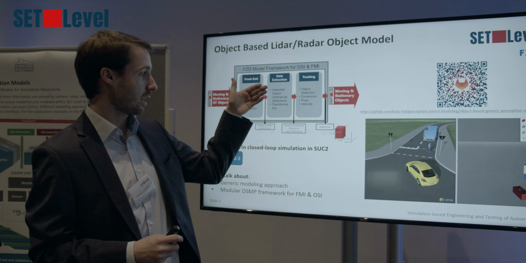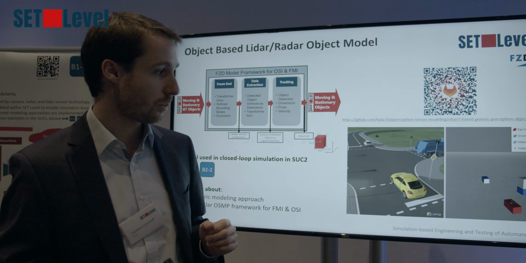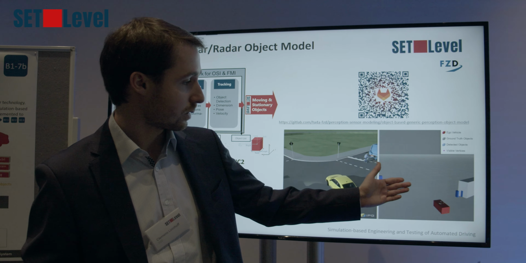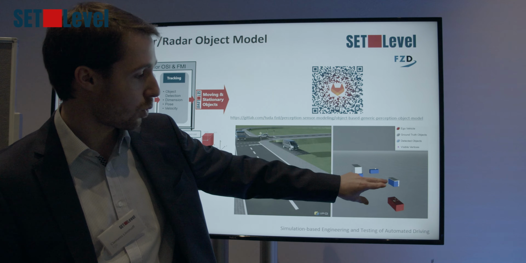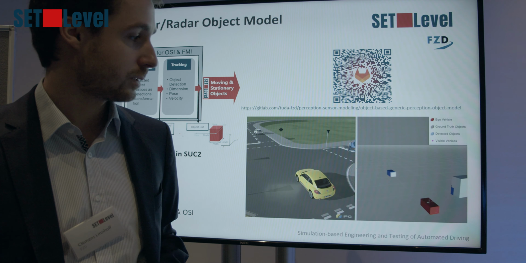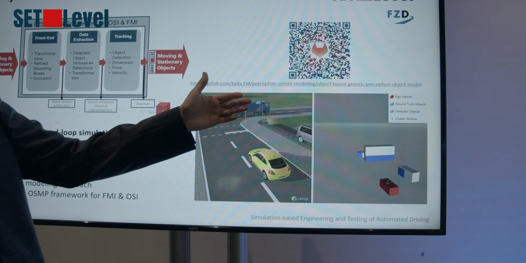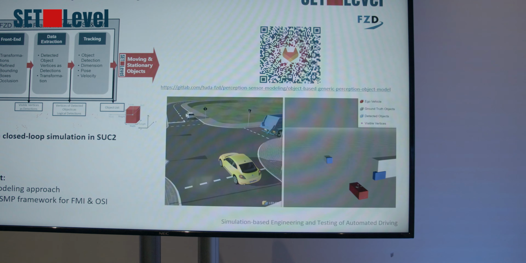And then from that we extract the detected bounding boxes. This is shown here, so we have the blue ones, those are the detected and tracked by the model, and the gray ones are basically the model input, the ground truth coming from the environment simulation here.